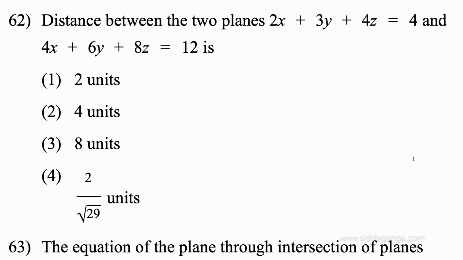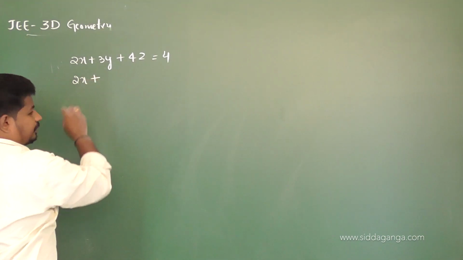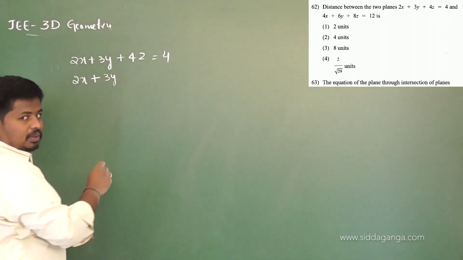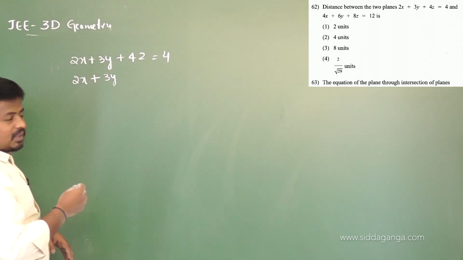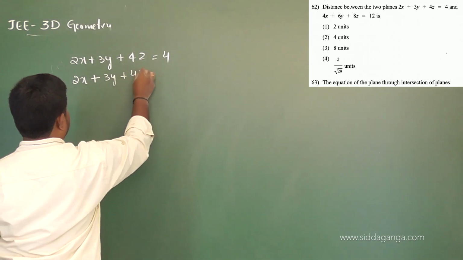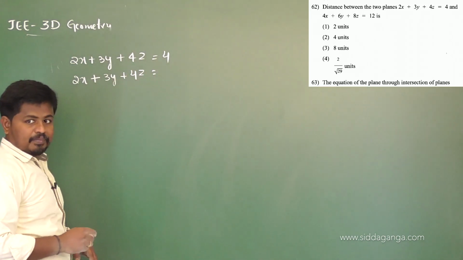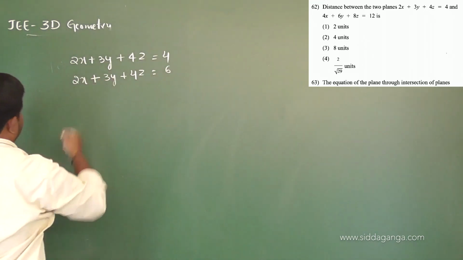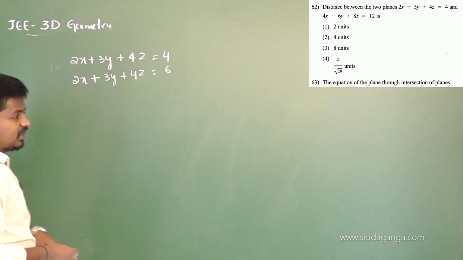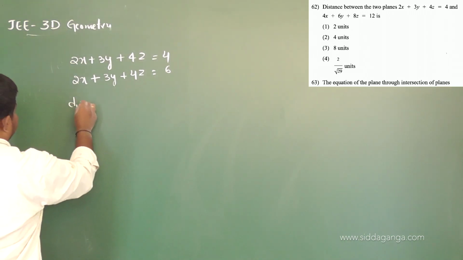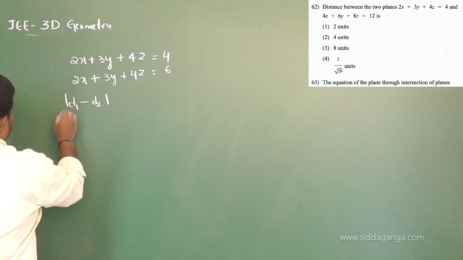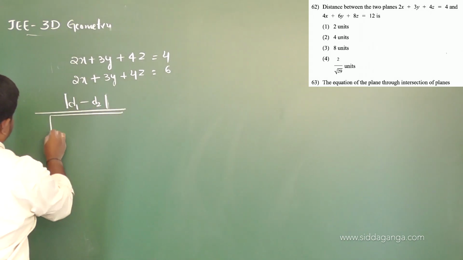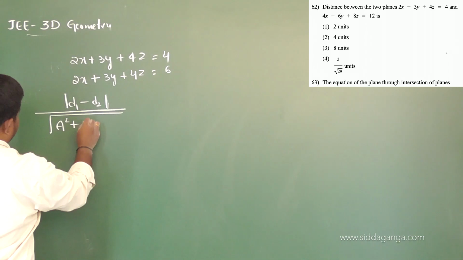So what do you get? 2x plus 3y plus 4z is equal to 12 by 2, that is 6. So d1 is 4, d2 is 6. They are parallel, right? Okay. Now what is the distance between the parallel planes? So d1 minus d2 whole divided by root of a square plus b square plus c square.